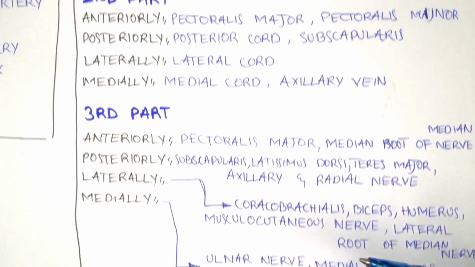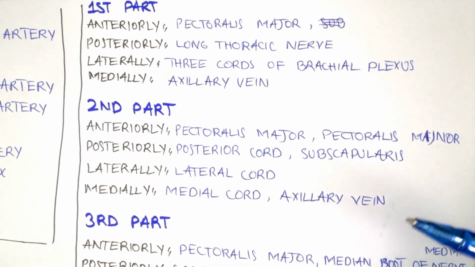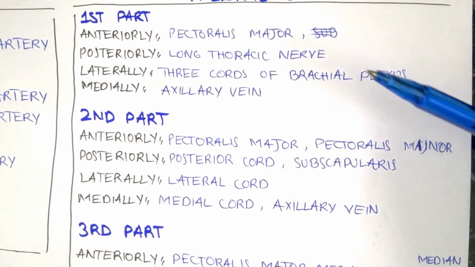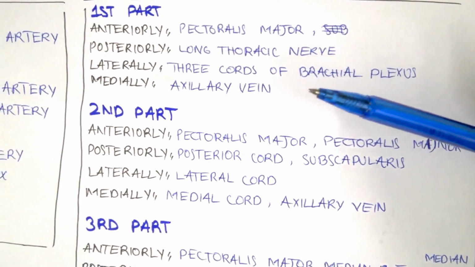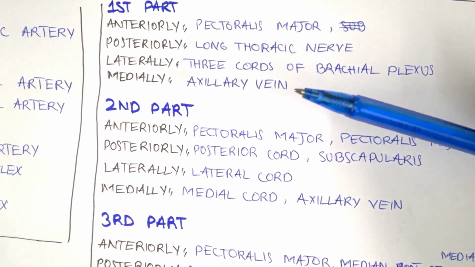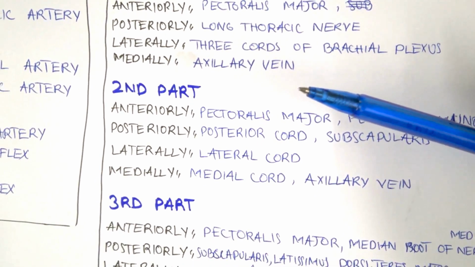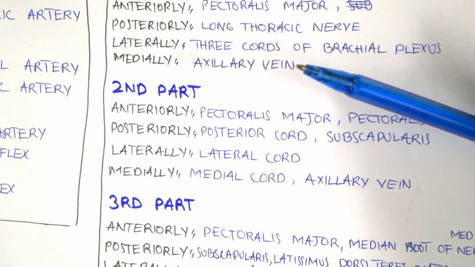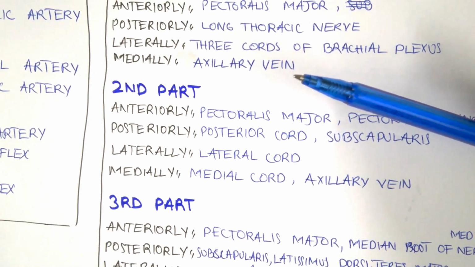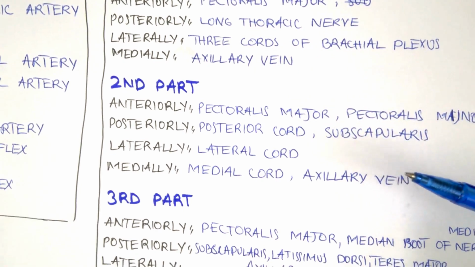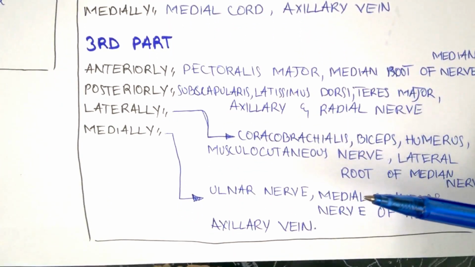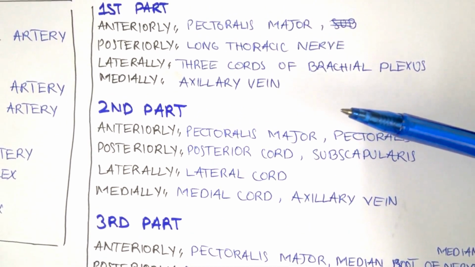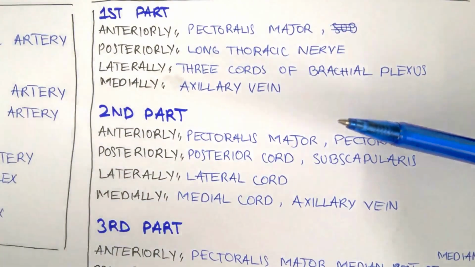Now the relations may look a bit complicated, but there are certain patterns that you can see, such as the axillary vein lies medially to all three parts of the axillary artery. You can look at here, there's the axillary vein medially in the first part, then in the second part, and then in the third part, which is pretty obvious because the axillary vein remains medial to the axillary artery in all its course.